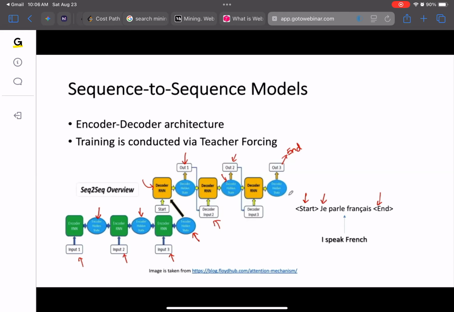Now, in terms of the training of the decoder, there's a slight difference between what happens during the training of a decoder and what happens during inference time. During training, we have a phenomenon called teacher forcing.